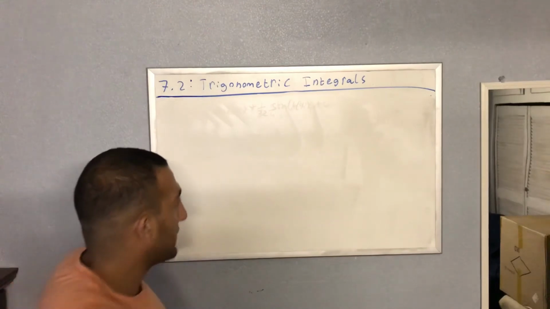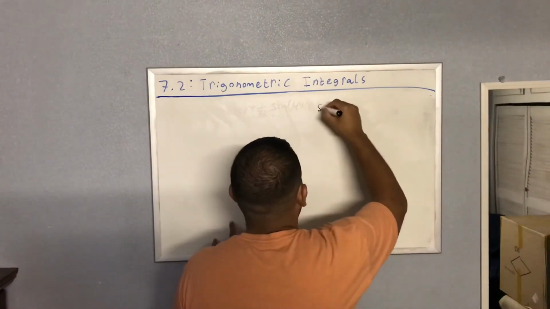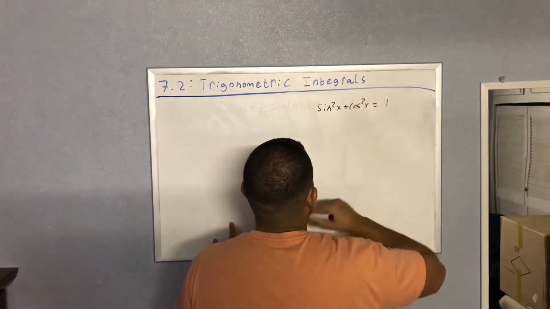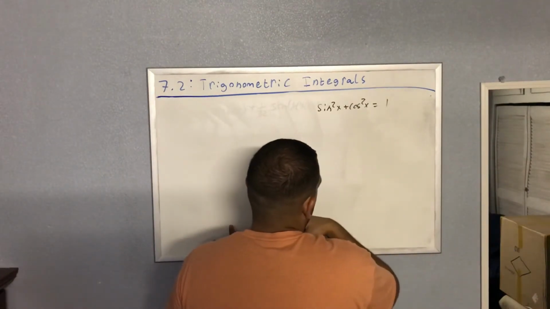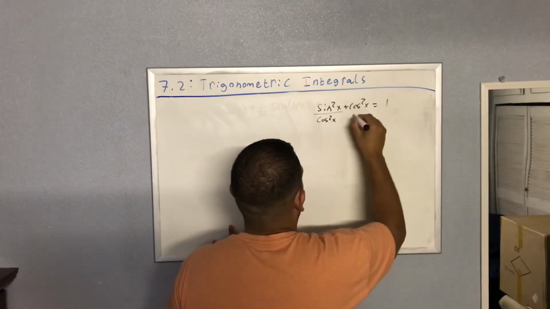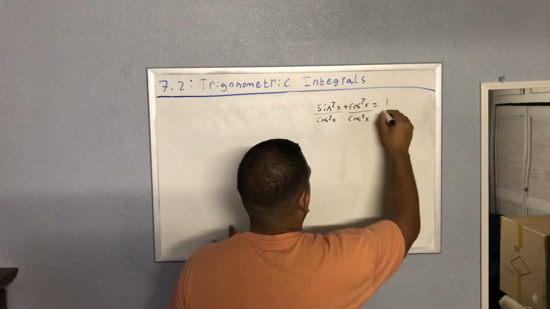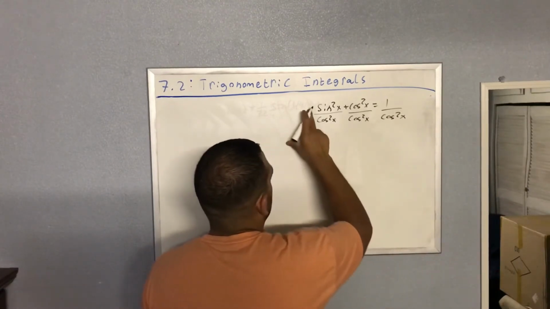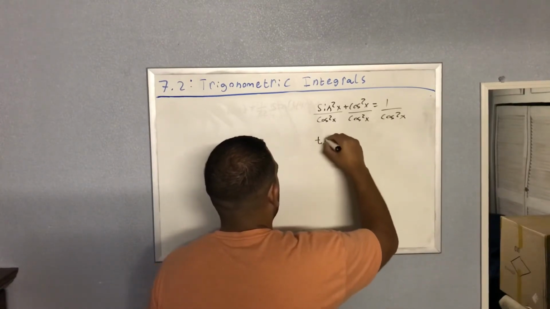Now, if you take that Pythagorean identity, sine squared x plus cosine squared x is 1, and you divide both sides by cosine squared, meaning you divide each term by cosine squared, you get a variation of that. So sine squared over cosine squared is tangent squared.